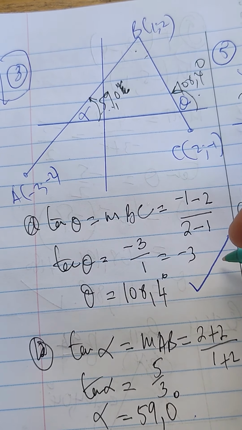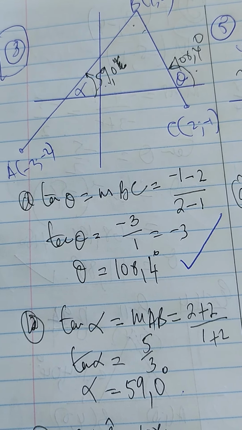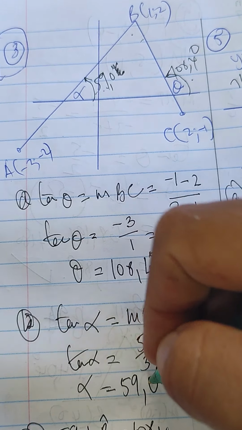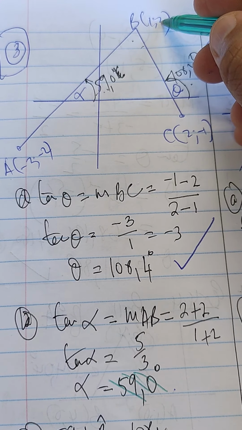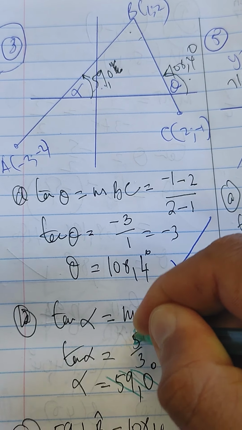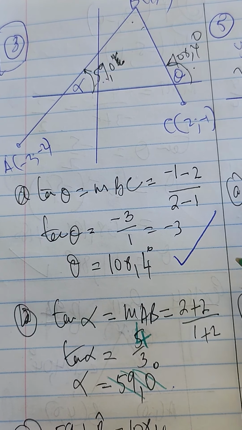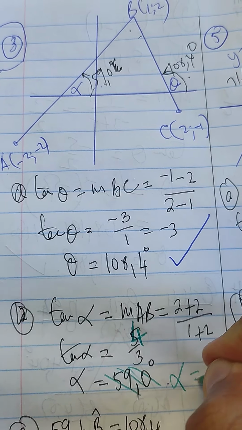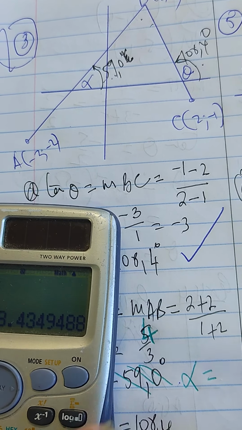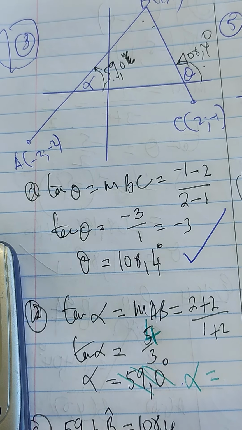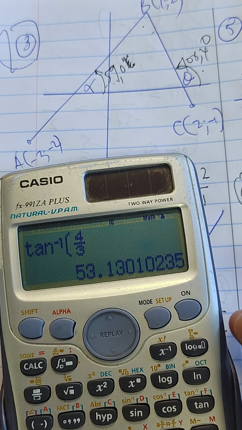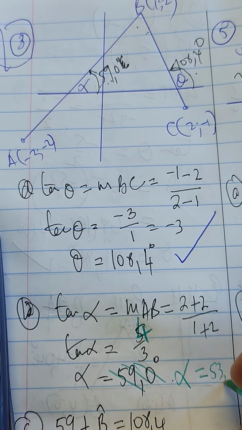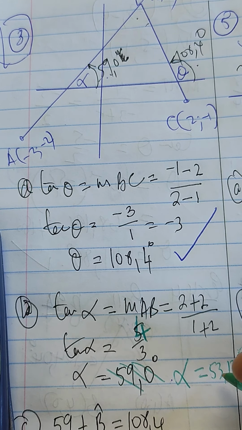Okay, so I've realized I made a mistake here. This angle is not right. Why? Because 2 minus negative 2 should have given you 4 here. Which then gives me an alpha angle of arctan of 4 over 3. It's going to give you 53.13 degrees.